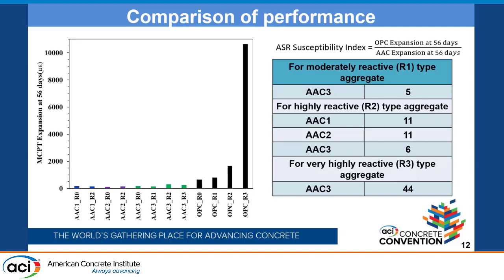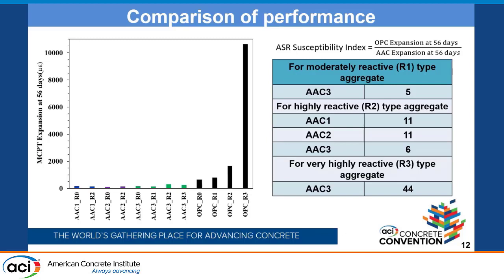To check the proneness of our alkali-activated concretes with respect to the OPC ones, the conventional concrete, we have compared OPC expansion at 56 days with alkali-activated concrete expansions at 56 days.